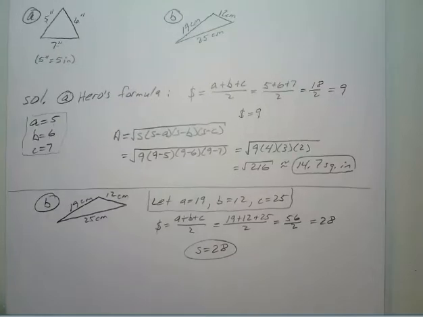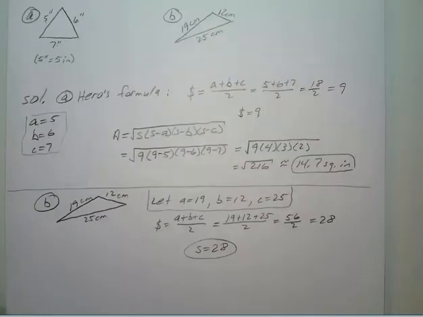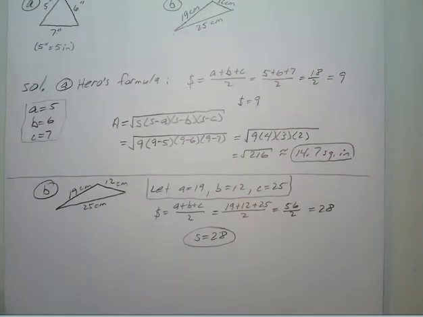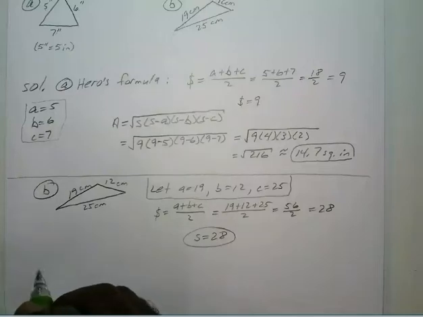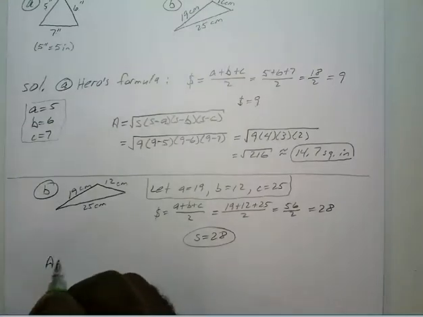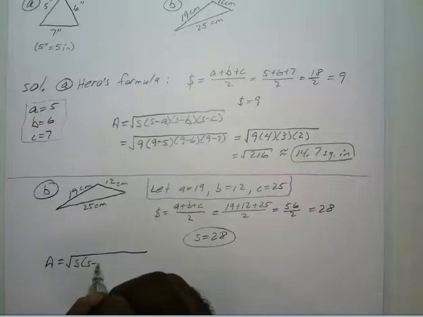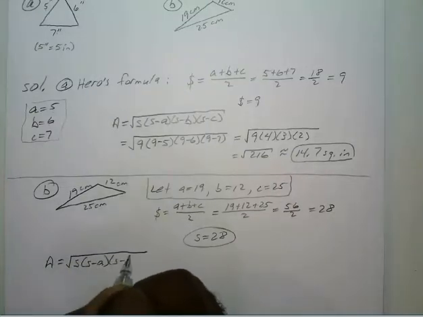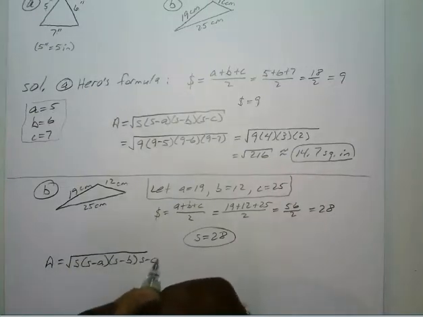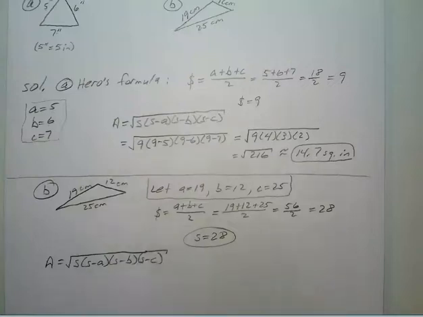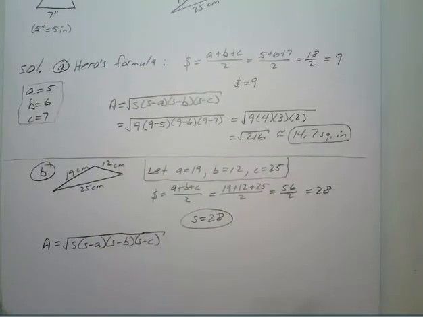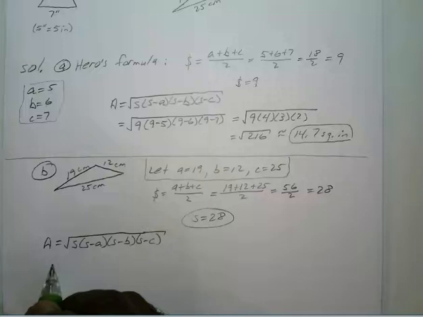Okay, so now that we have our A, our B, our C, and our S, we can go ahead and plug it in. So we get our formula. A equals the square root of S times S minus A, S minus B, times S minus C. Okay, so we go ahead and plug those in.